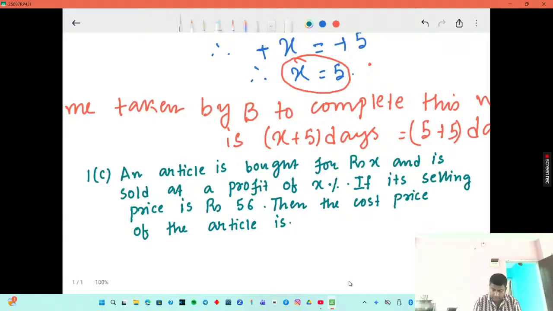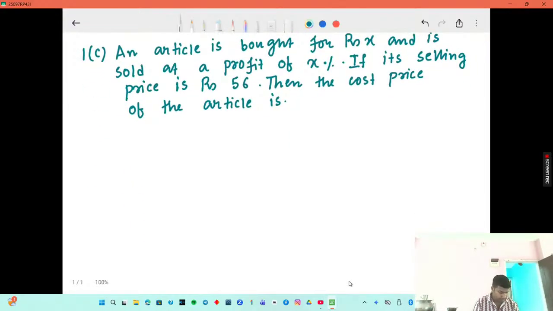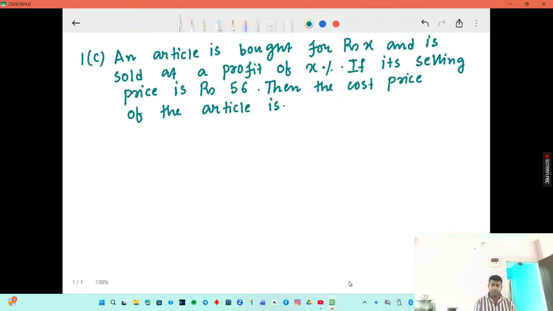Here, the question is given as: an article is bought for rupees X and is sold at a profit of X percent. If its selling price is rupees 56, then the cost price of the article is.